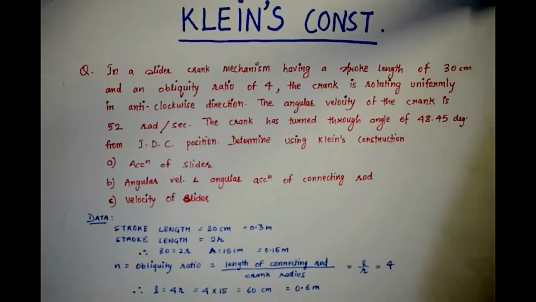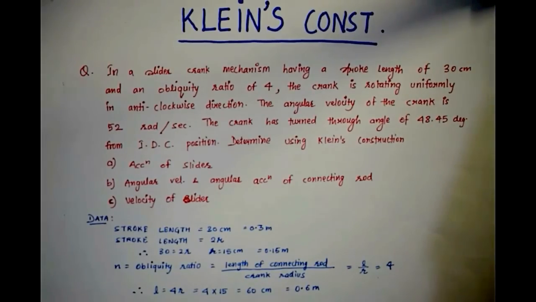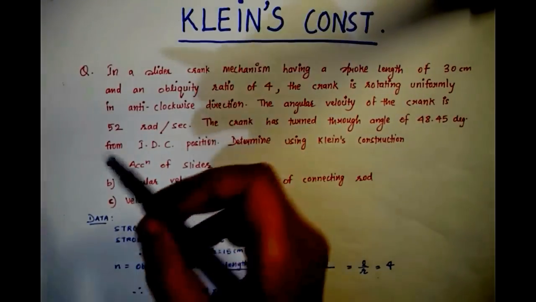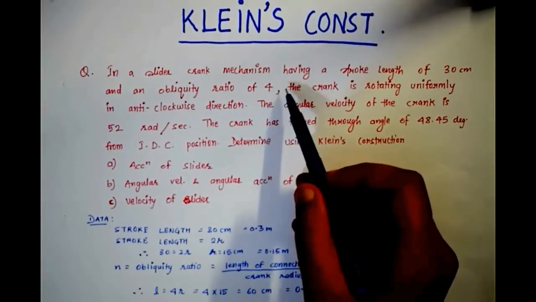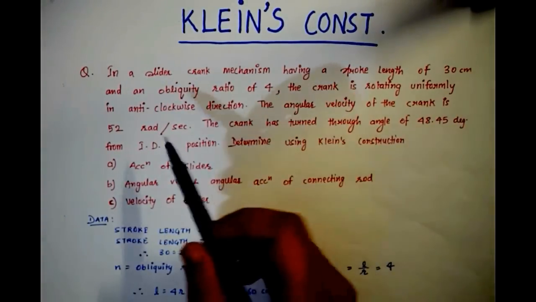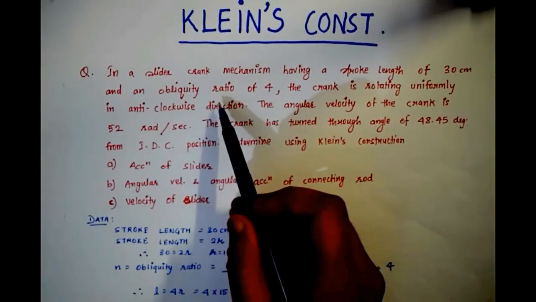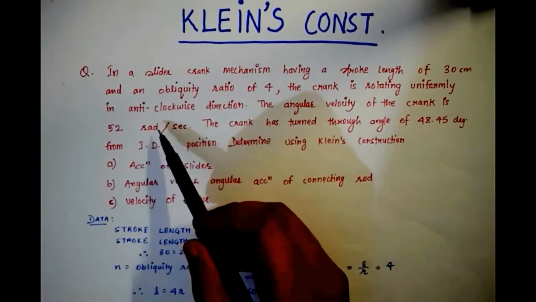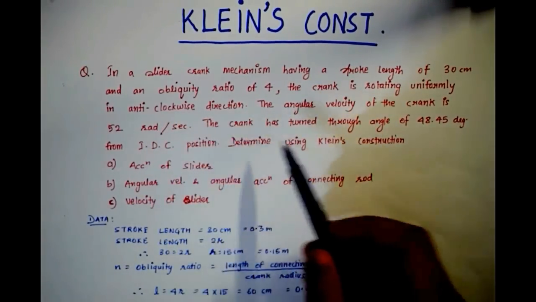In this video we will discuss plane construction, the concept of plane construction, by a very simple example. So here we start. In a slider crank mechanism having a stroke length of 30 cm and an obliquity ratio of 4, the crank is rotating uniformly in an anti-clockwise direction.